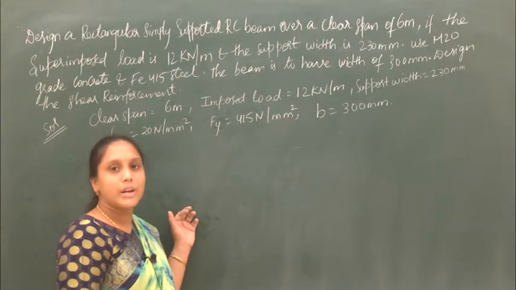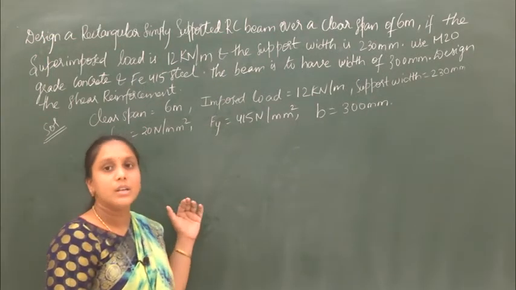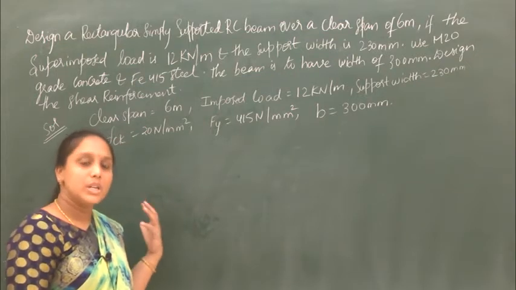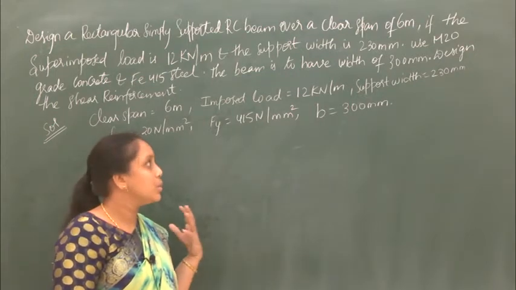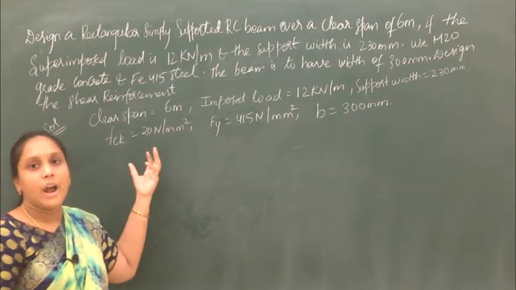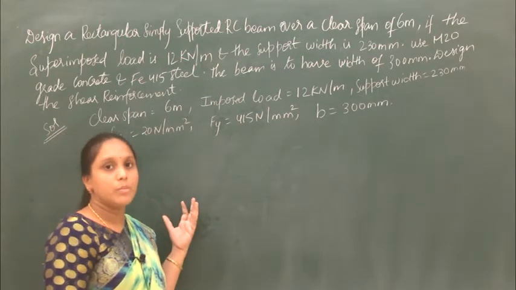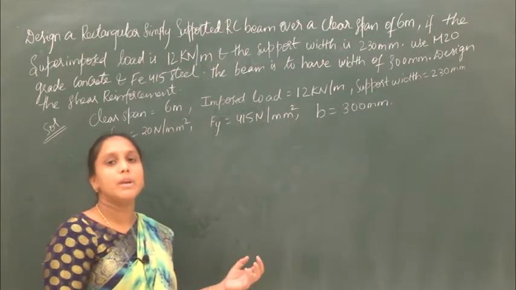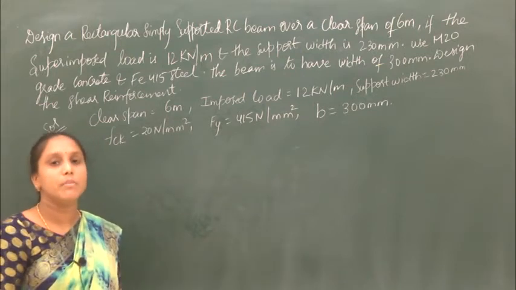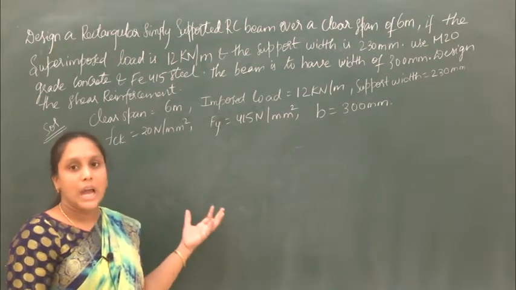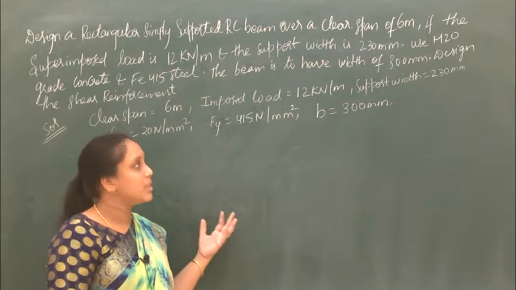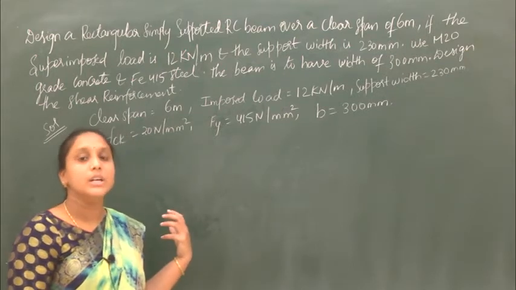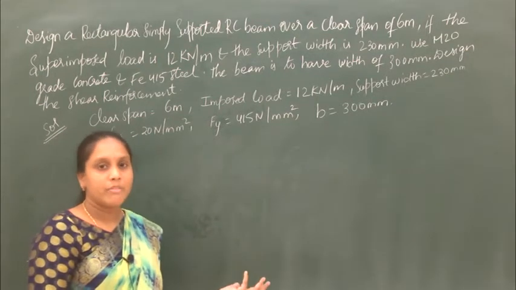So first what we have to do, we have to design the beam. Design the beam in the sense you have to find out the depth of the beam. What will be the effective depth of the beam? What is going to be the overall depth of the beam? We have to calculate the factored moment, factored shear force. We have to calculate the limiting moment of resistance.